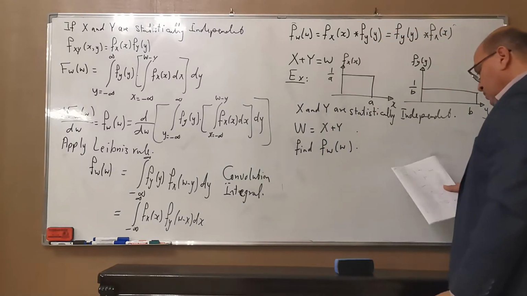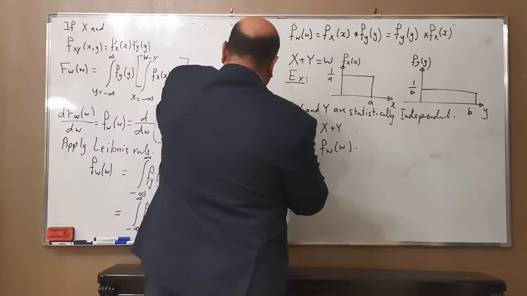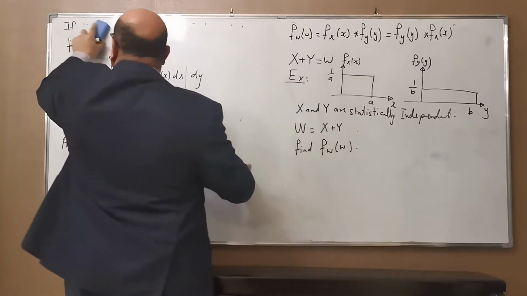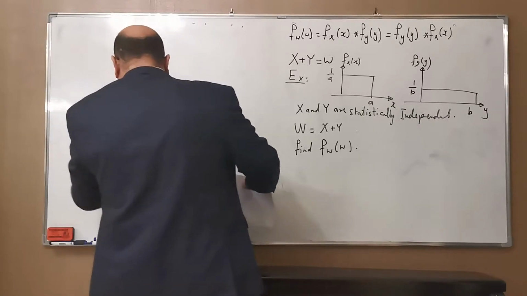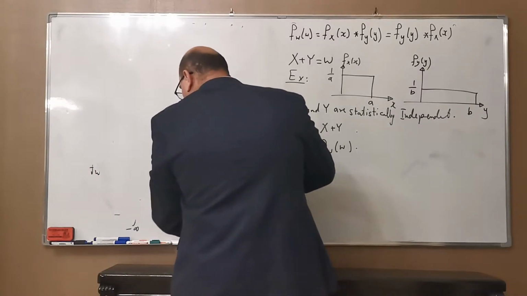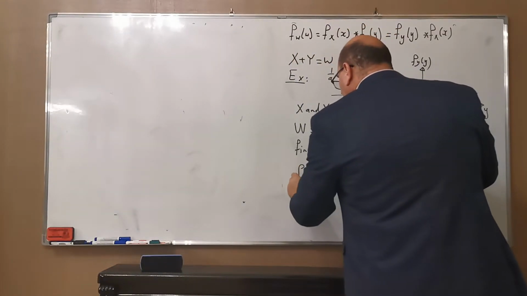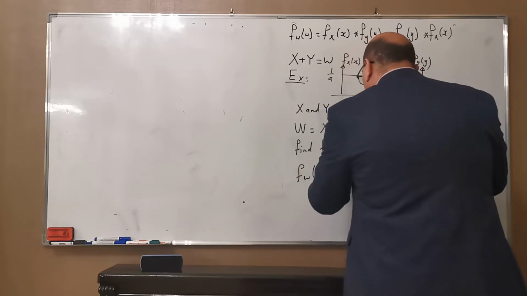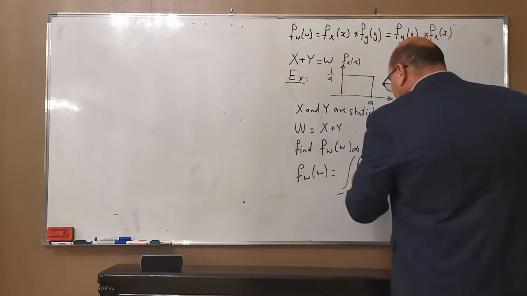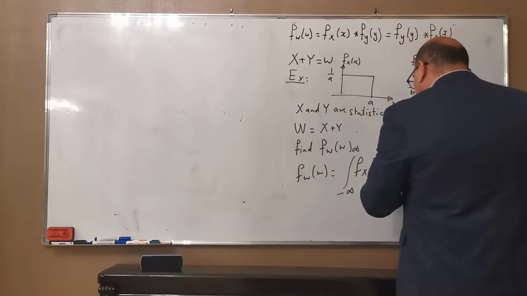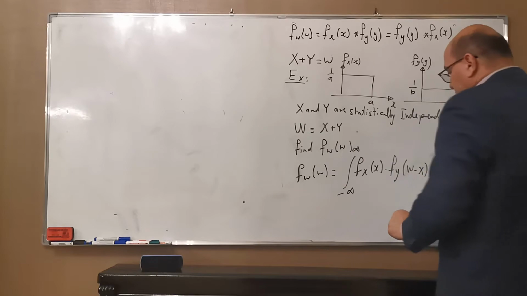Okay. So we will implement the convolution. The convolution integral is usually fw of w equal to the integration from minus infinity to infinity of fx of x times fy of w minus x dx.